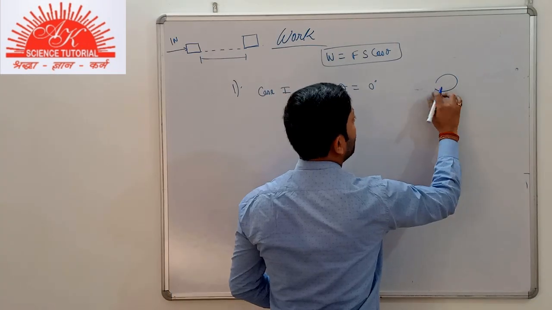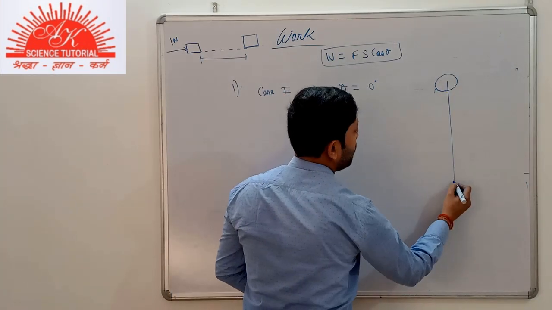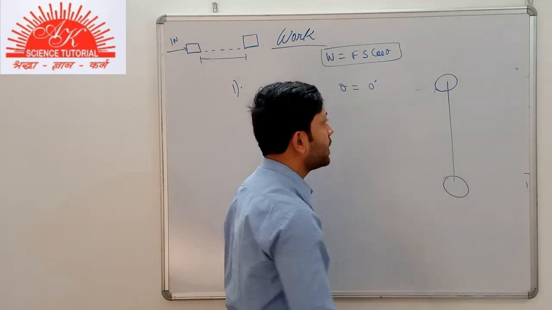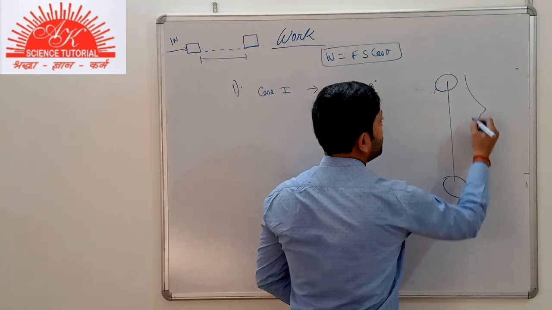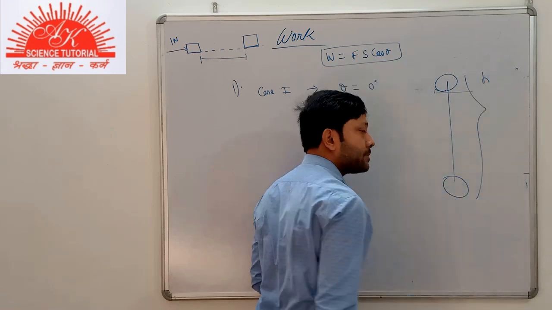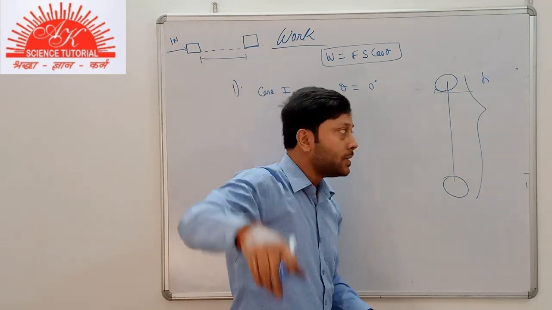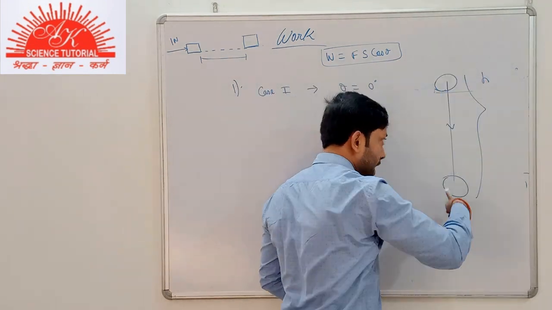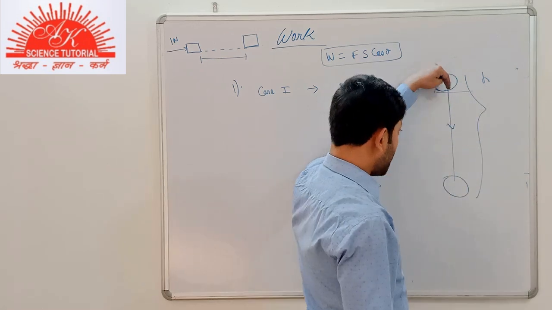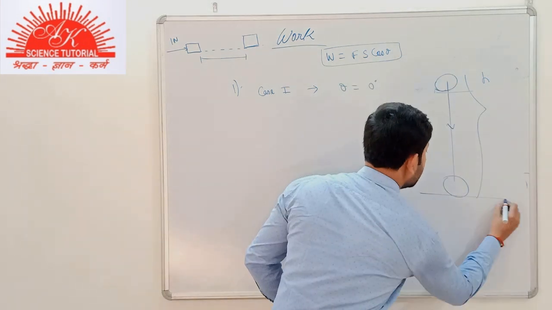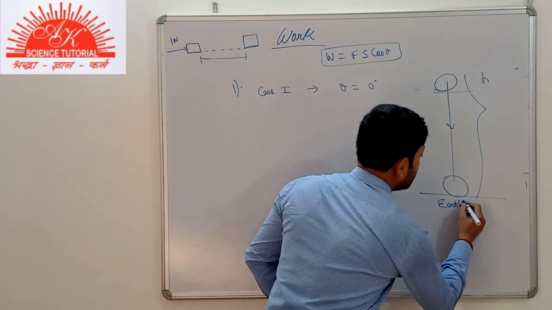Here we have the ball. It falls freely under gravity. Suppose that it is at a height h. As soon as you leave it, it starts to fall in downward direction, towards the surface of earth. This is our earth's surface.